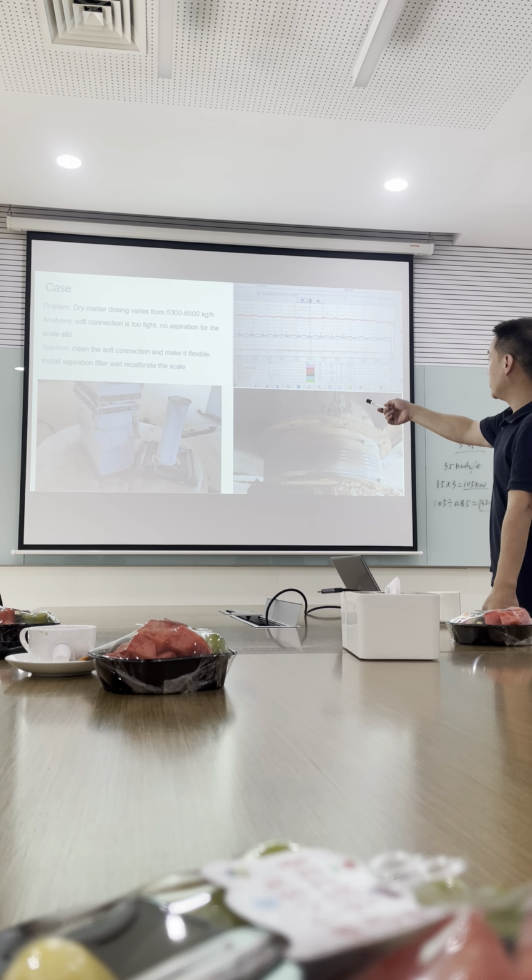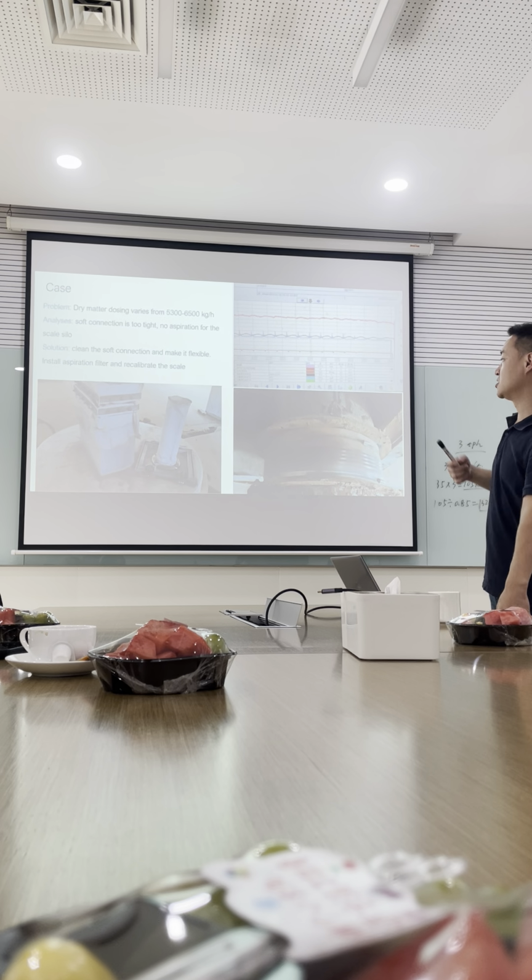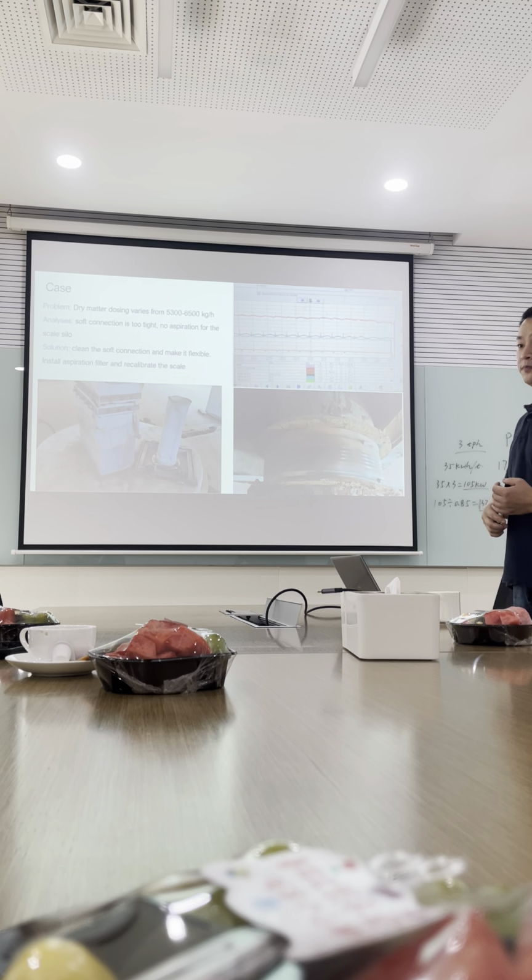So we need to make sure this filter bag is not blocked, because most customers don't clean the filter bag regularly, and if it gets blocked, the air can't be exhausted, and the air pressure inside the hopper is not balanced. Then it will play a negative role on the dosing feeder.